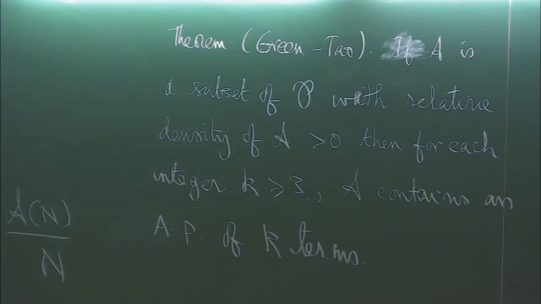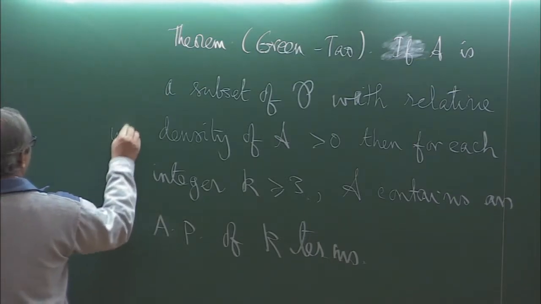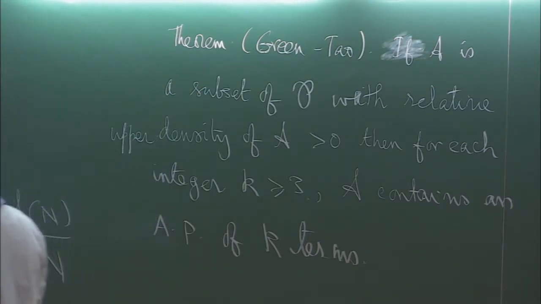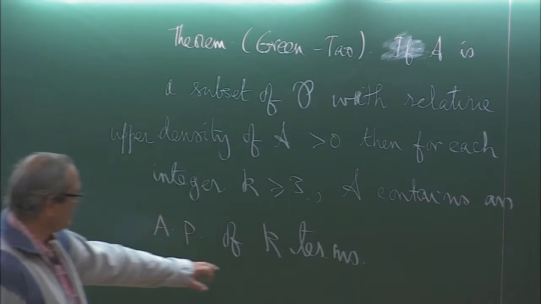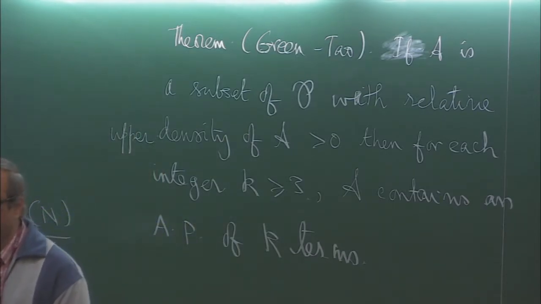So it tells you that if you take a subset of the primes which has relative upper density, the quantity I just defined, strictly not equal to 0, it's always greater than or equal to 0, if it is not equal to 0, then A contains arbitrarily long arithmetic progressions. Arbitrarily long means, of course, finite APs of any length it would contain.